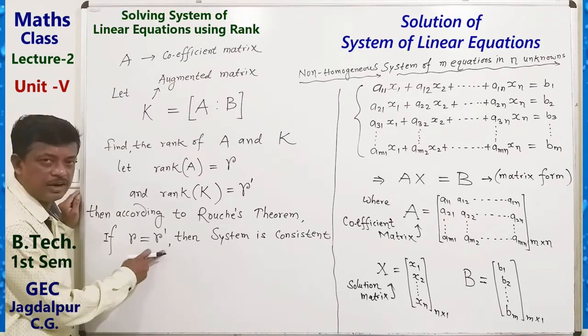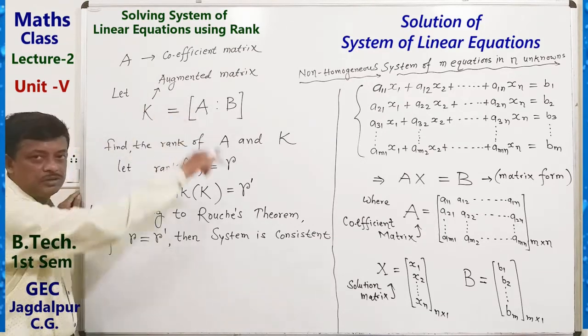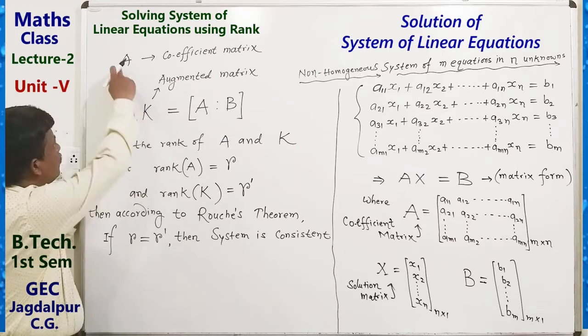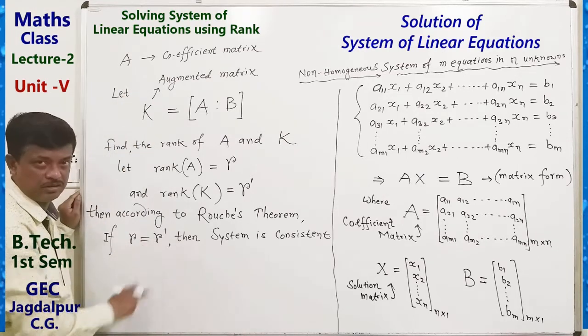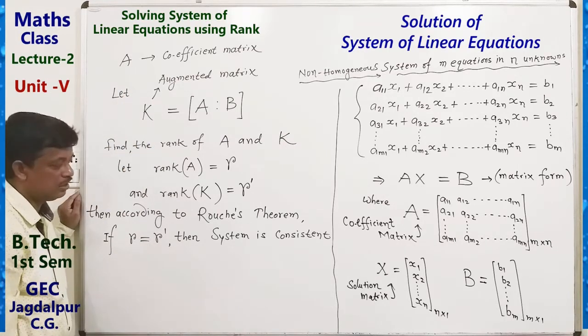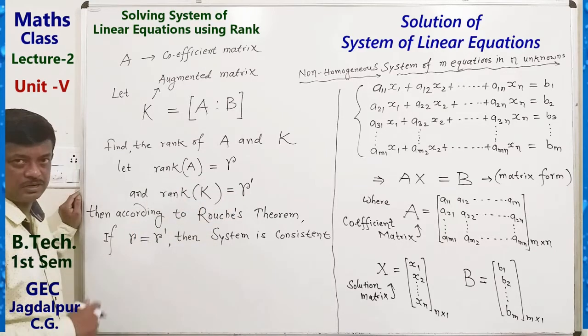If R equals R dash, the ranks of both A and K are equal, both ranks equal, then the system is consistent.